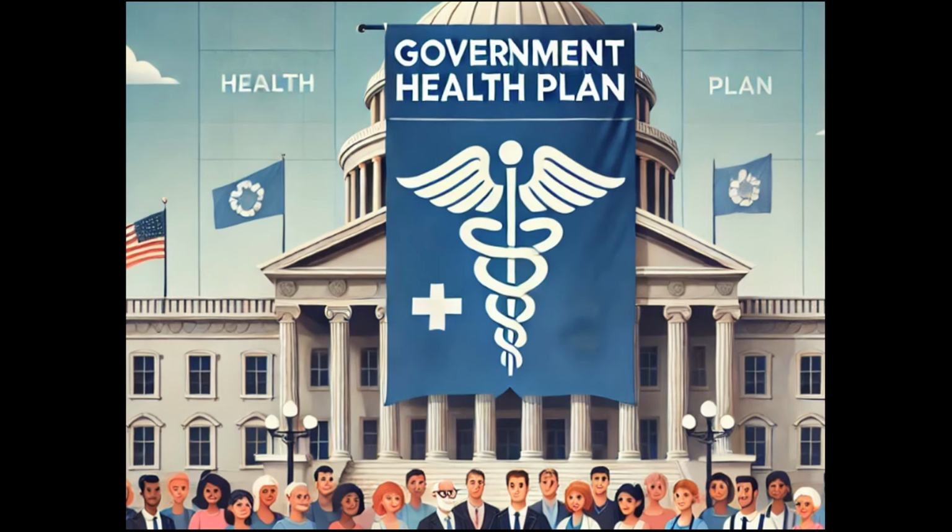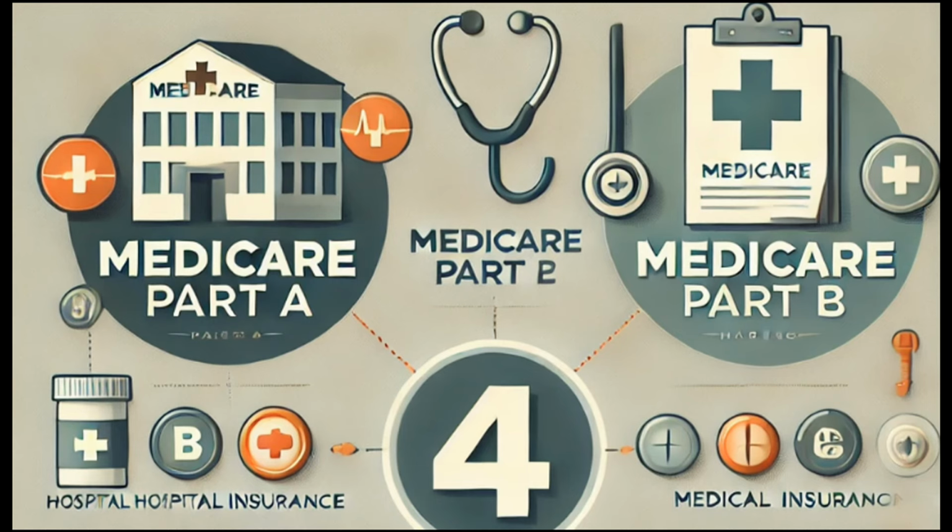Medicare is divided into several parts. Medicare Part A covers inpatient hospital care, skilled nursing facilities, hospice care, and home health care. Medicare Part B covers medically necessary physician services, outpatient care, and other medical services not covered by Part A. It's optional and requires a premium.